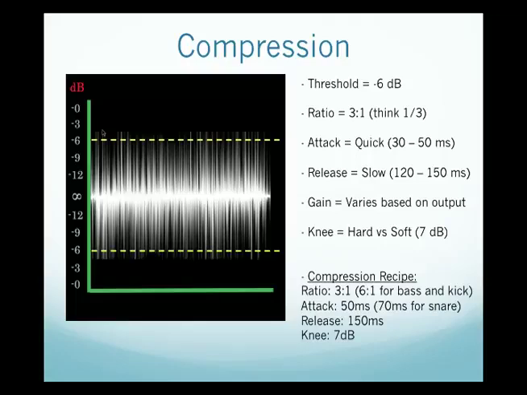The release will use 150 milliseconds, and your knee, we'll use 7 decibels for that knee. So that recipe is going to work for you. And the threshold and the gain are going to depend on the actual audio that you're compressing. And again, we'll look in a moment at how we're going to end up setting those parameters as well.